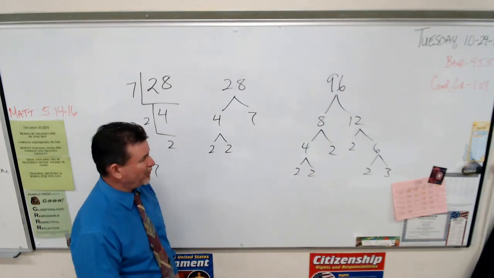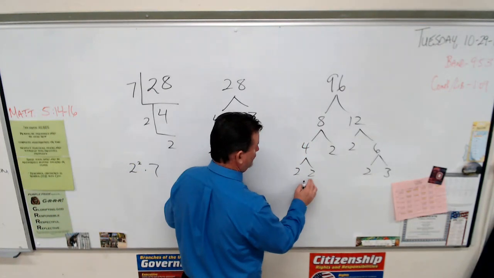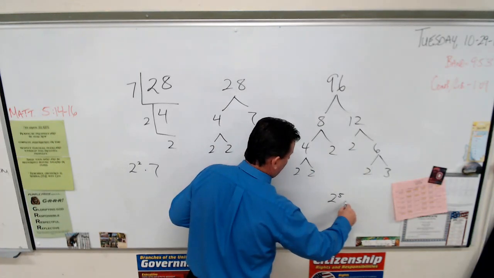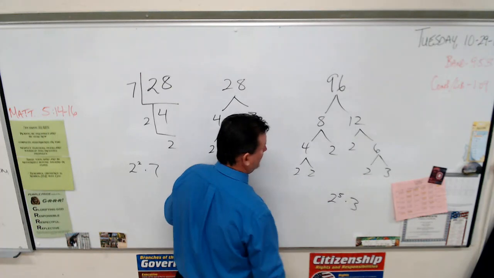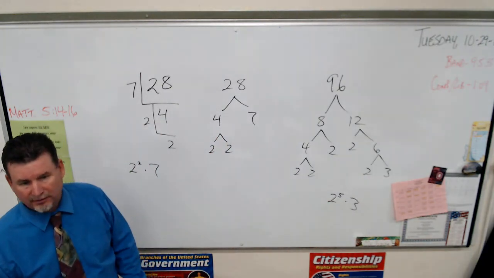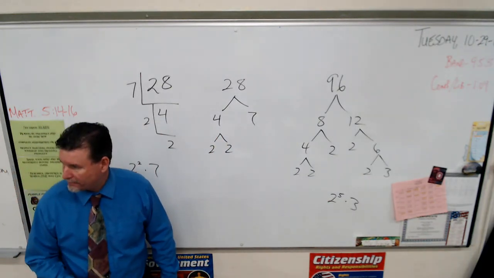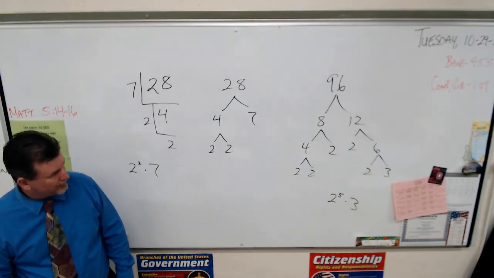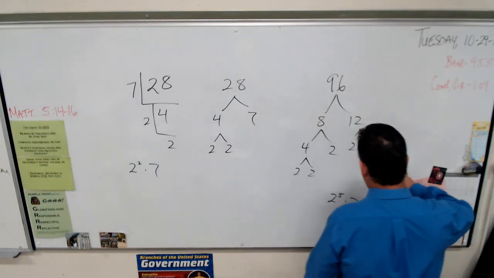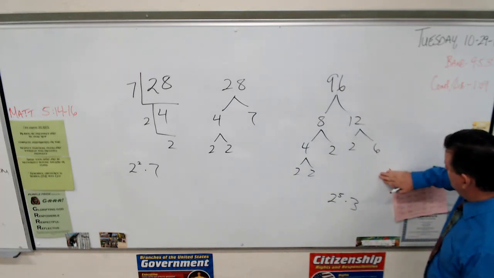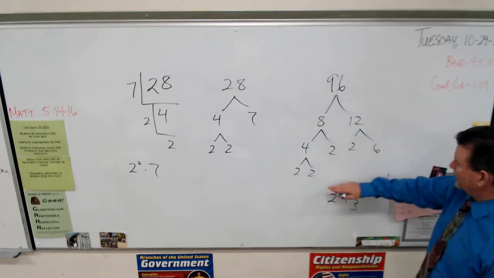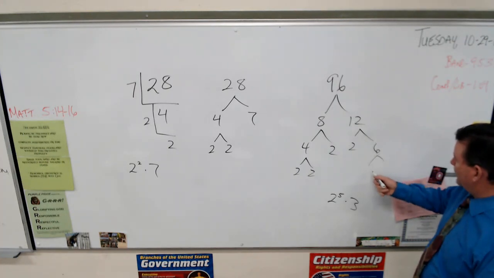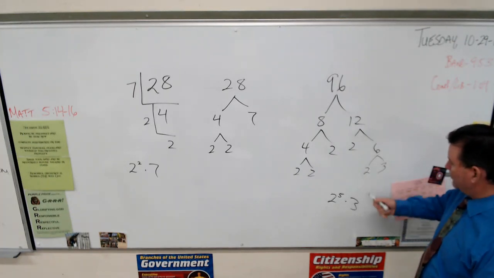Any way you do it, look at the bottom here: 1, 2, 3, 4, 5. 2 to the 5th times 3 will give you 96. If you got 2 to the 4th times 6, 6 isn't prime here, so you got to keep going.